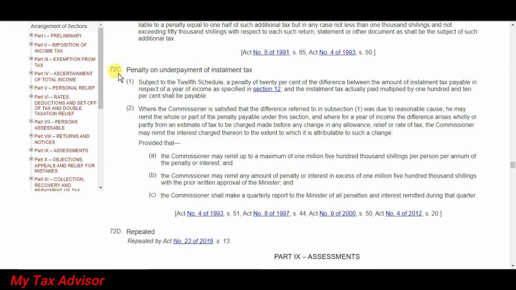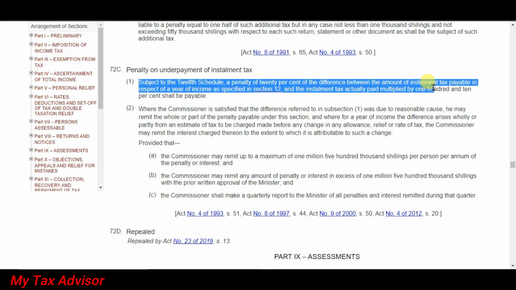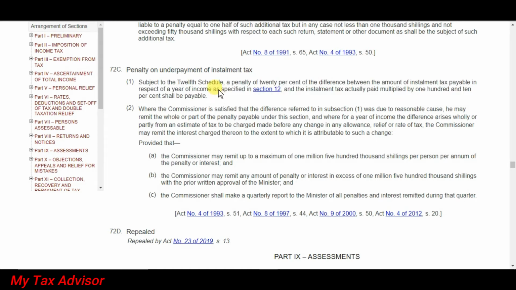This is section 52C, and I want to read one which says, subject to the 12th schedule, a penalty of 20% of the difference between the amount of installment tax payable in respect of a year of income as specified in section 12, and the installment tax actually paid multiplied by 110% shall be payable.